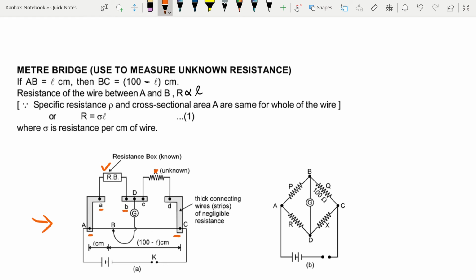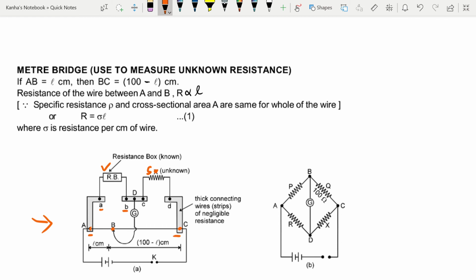Let's call it S here because we've been studying Wheatstone bridge before. So let's call this S. And then you can easily find out the resistance between the points A and B, and between the points B and C as well.